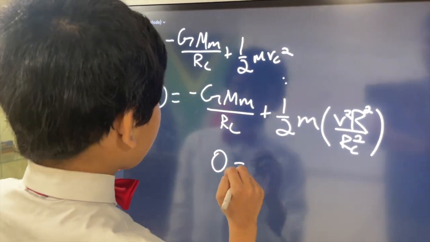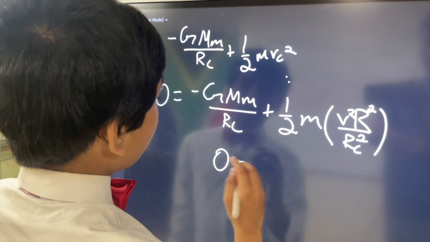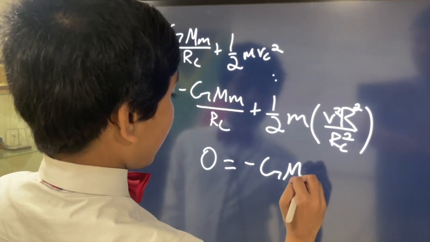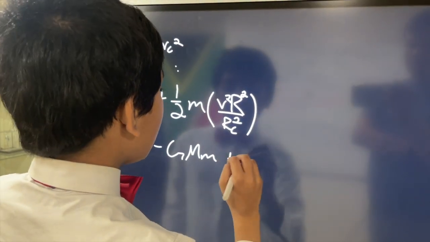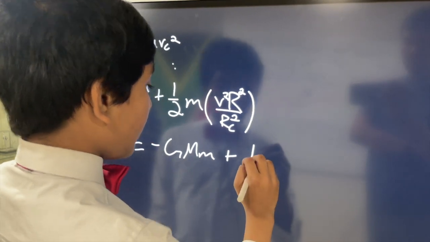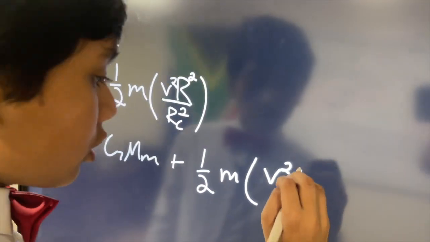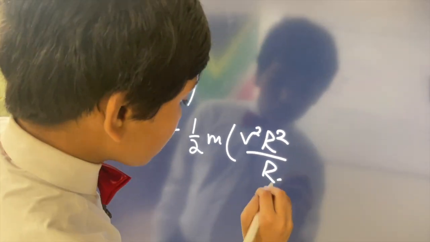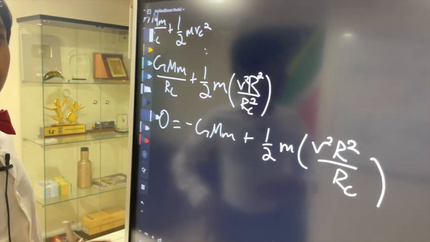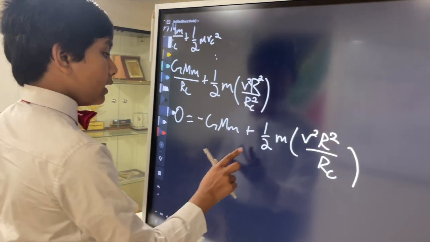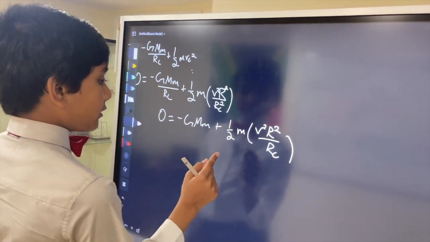If we multiply everything by RC, we get 0 over here, minus G M m plus half m times V squared R squared over just RC, which means now this is very easily solvable. All we need to do is do a little bit of rearranging.